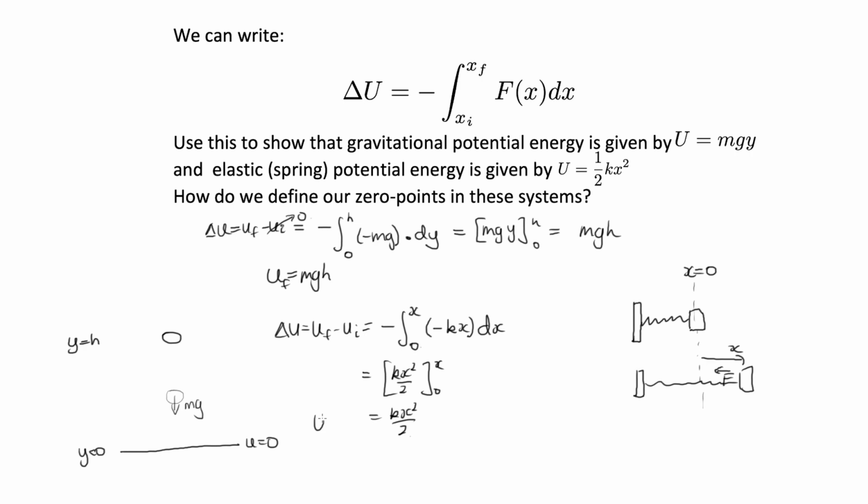So this is equal to the final potential energy minus the initial potential energy. Now if we take this initial potential energy as 0, then the final potential energy is equal to kx squared on 2, where x is the extension there from the equilibrium position. So you can see it's gaining potential energy as we extend the spring.